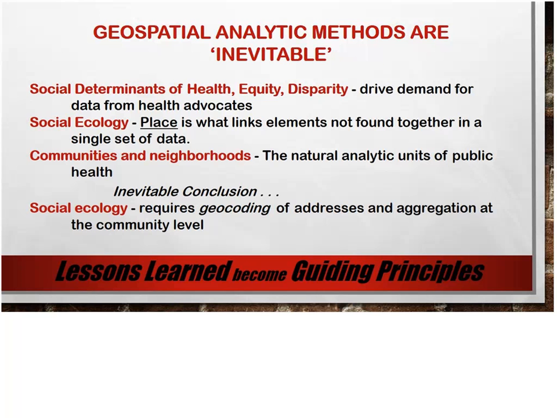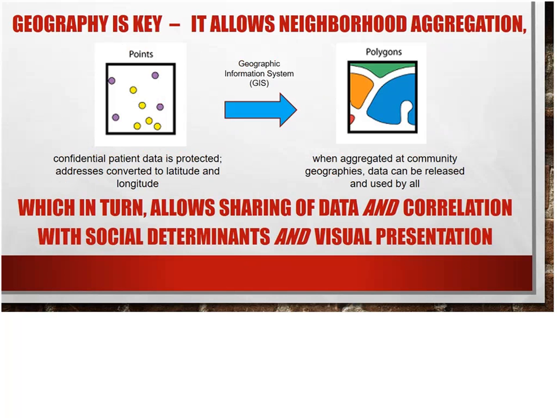So we end up going towards social ecology inevitably, but it requires geocoding of addresses and aggregations at the community level. And this is a lot of work, and who's going to do it? So geography is key. You have these data sets that are confidential, patient, client, student data. They have to be converted to latitude and longitude using geographic information systems.